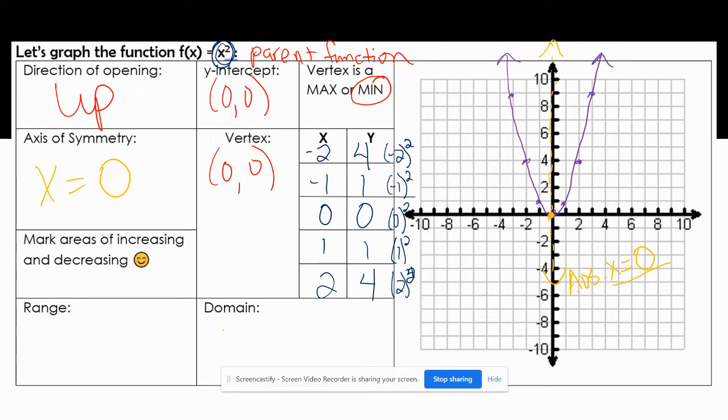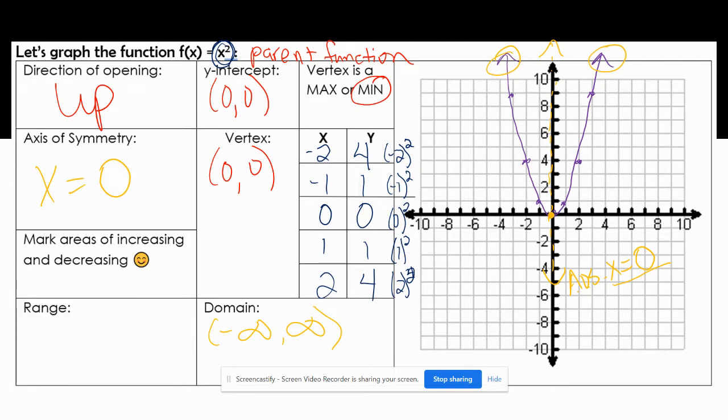Our domain is always going to be -infinity to infinity. We have an arrow on the left and an arrow on the right. Even though they're pointing up, the graph is going to the left a little bit on the left arrow, and on the right, that up arrow is still going to the right a little bit. So that's -infinity to infinity.